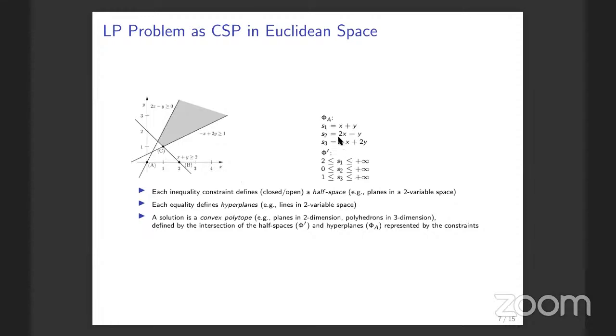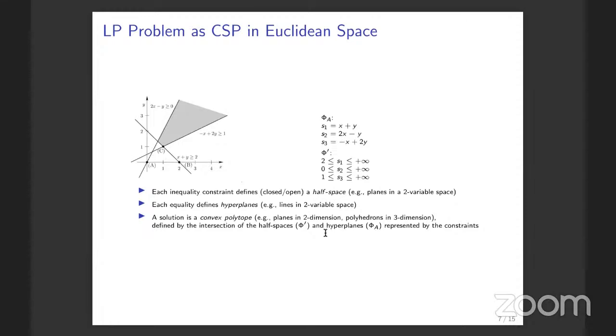These equalities define hyperplanes, three in this case, so you see these three lines shown here. Each of them is equated to S1 and they have a bound. And these bounds, these inequalities, define regions which are regular planes in a two-variable domain. If you extend this to multiple dimensions, they are called hyperplanes. In three dimensions, for example, it is polyhedrons.